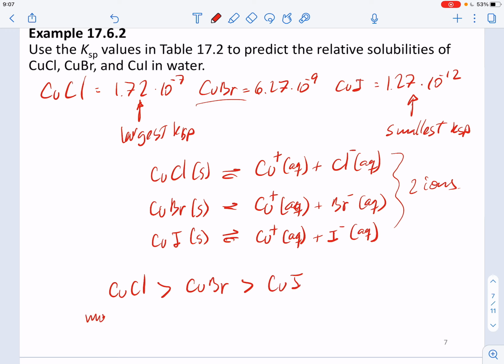So this is more soluble and this is less soluble. All right.